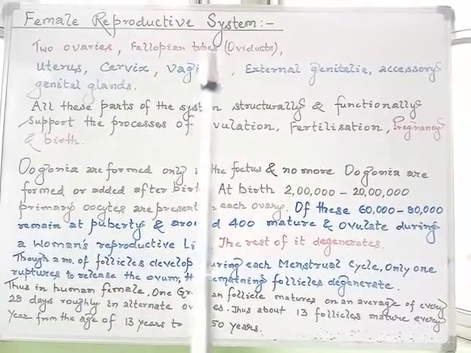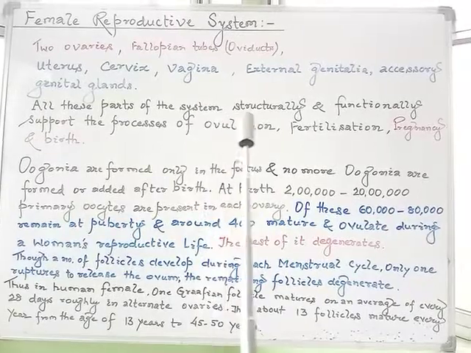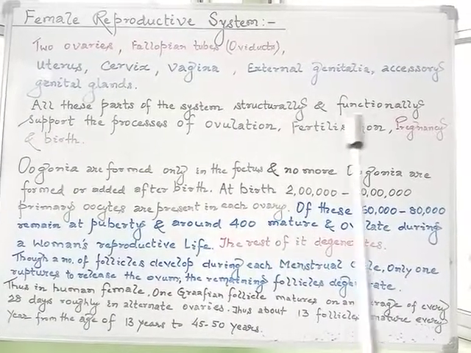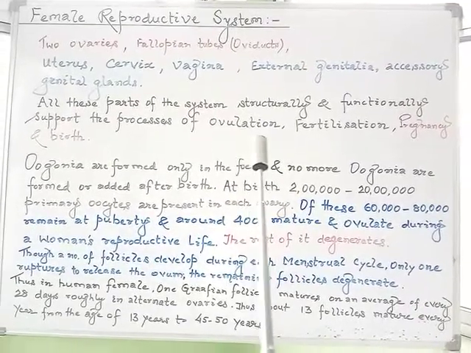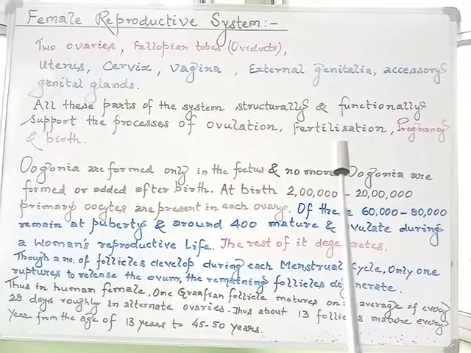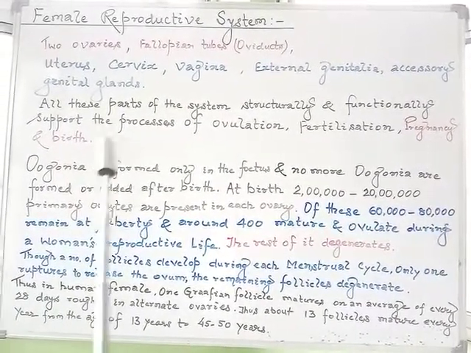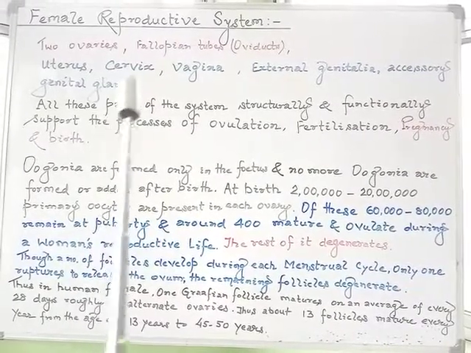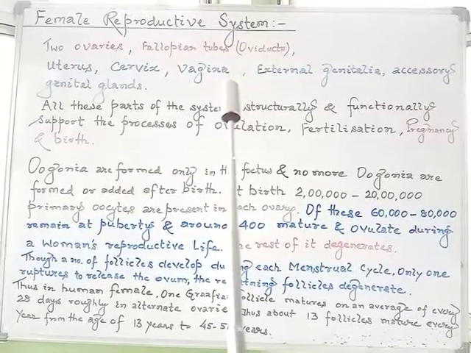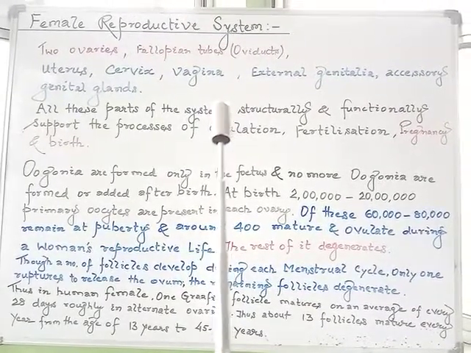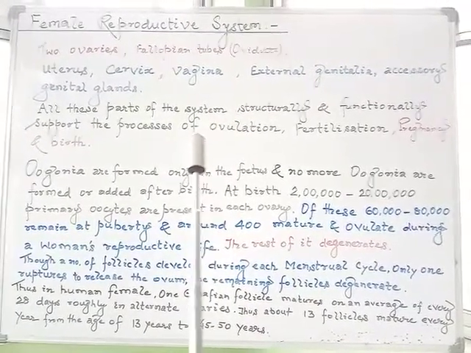All these parts of the system structurally and functionally support the process of ovulation, fertilization, pregnancy, and birth. So all of these organs fulfill their role to perform efficient functioning.